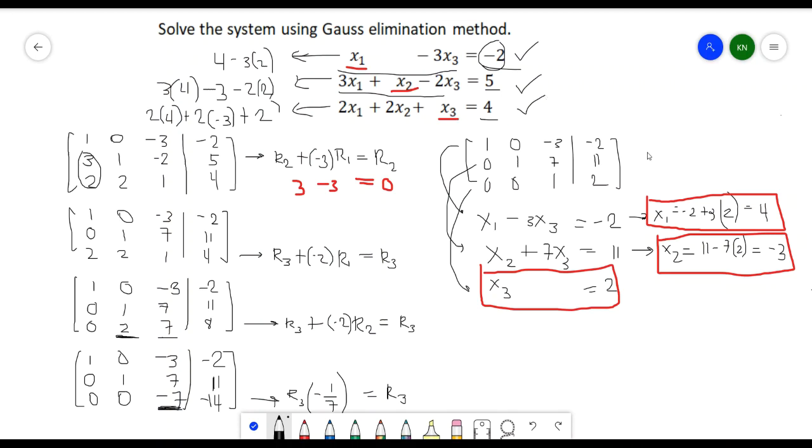So the roots that we have here are the correct roots. So x sub 1 is equivalent to 4, x sub 2 is equivalent to negative 3, and x sub 3 is equivalent to 2. So basically that is how we find the solution or roots of our linear systems using the Gauss elimination method.